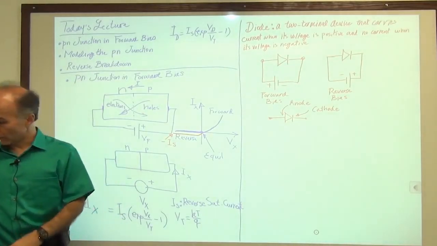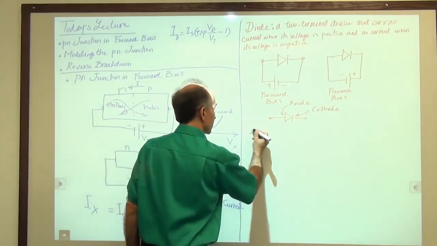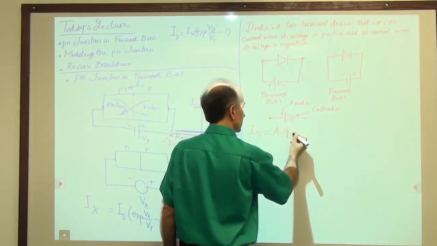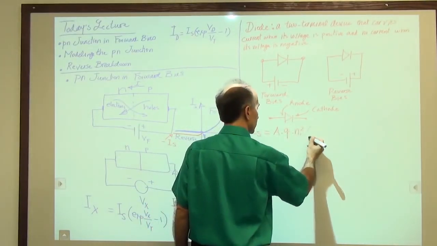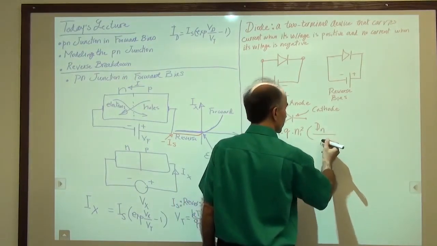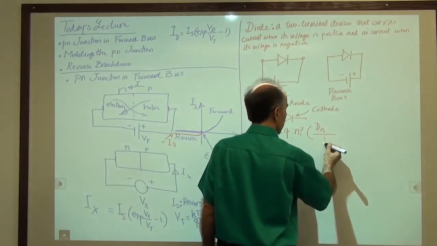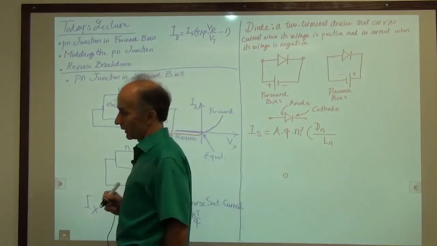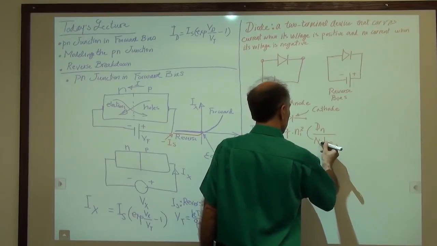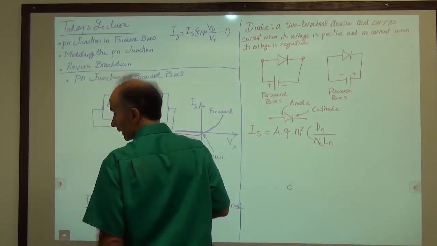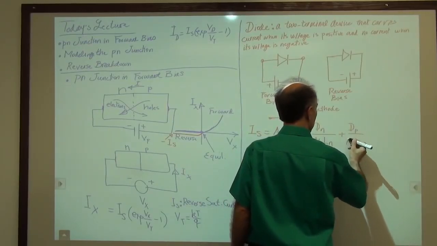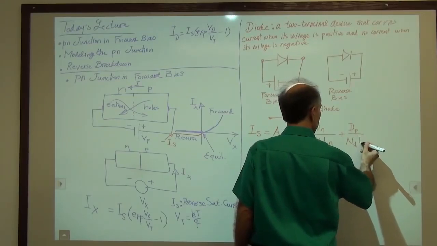So let me write the equation for IS. IS is like this: A times q times Ni squared multiplied by Dn over Ln, I don't remember these equations very well, okay, so we have the acceptor doping levels, and then we have Dp over the doping level of donors times Lp.